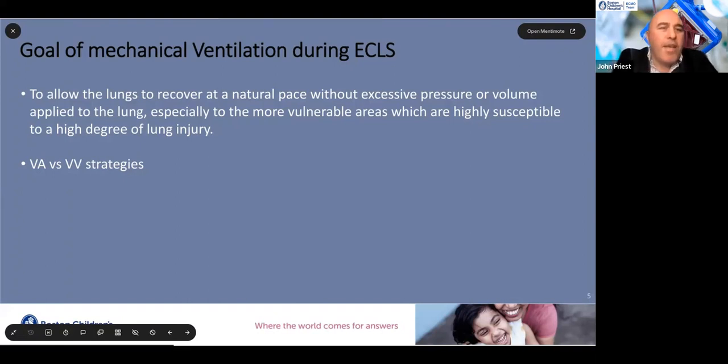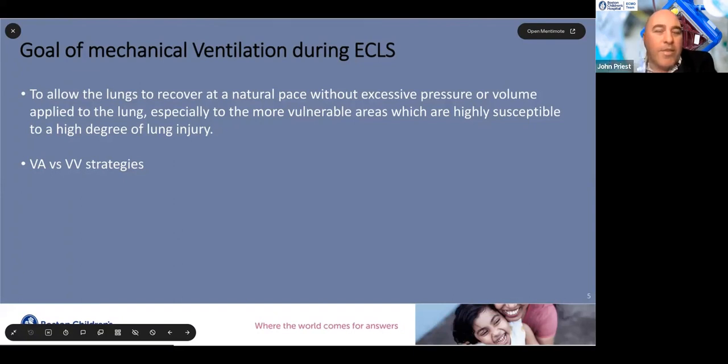And as far as VA versus VV strategies, it's a little bit different. As you know, ECMO is not complete cardiopulmonary bypass. And if we talk about VV ECMO, it's even less of a bypass, because anything that goes through our external membrane oxygenator still has to pass through the lungs. So again, this is going to all mix with the deoxygenated or hypercarbic blood coming through the lungs.